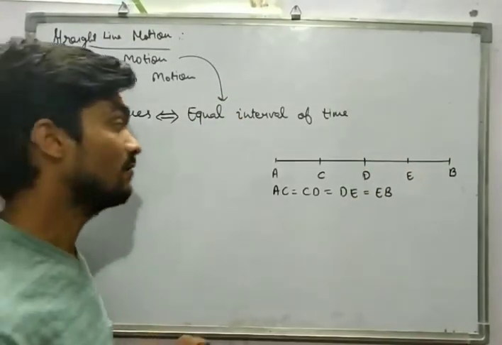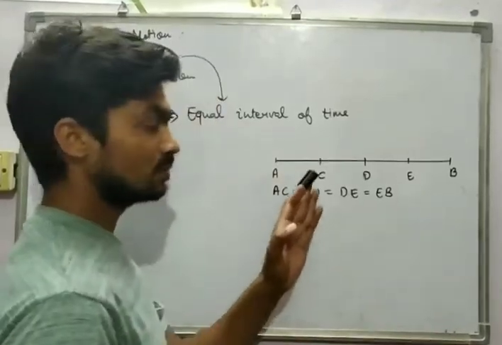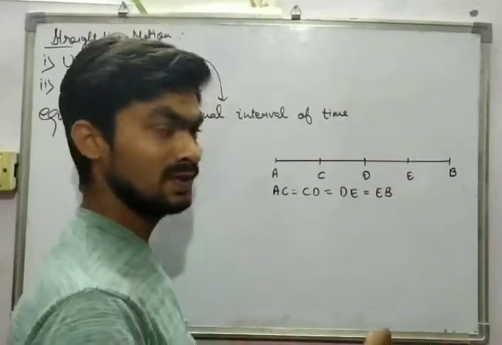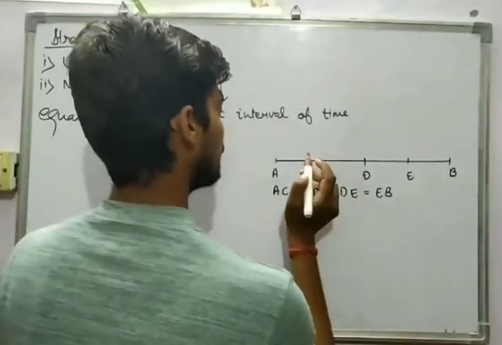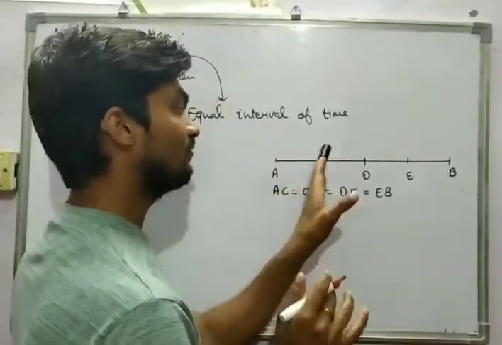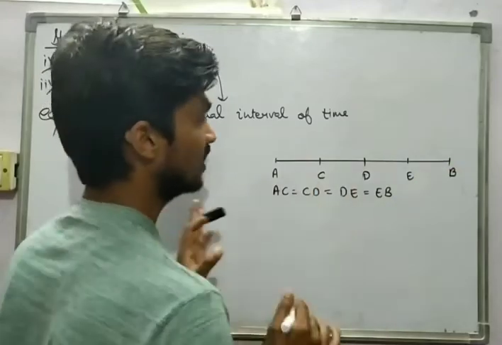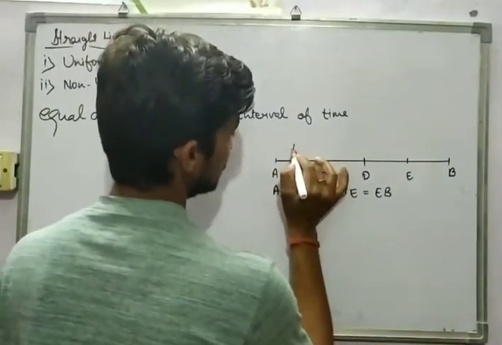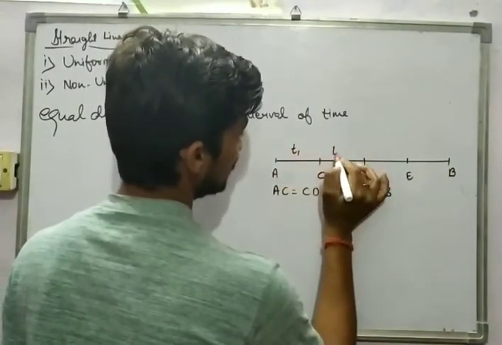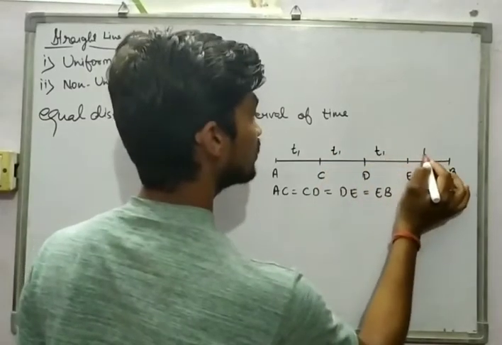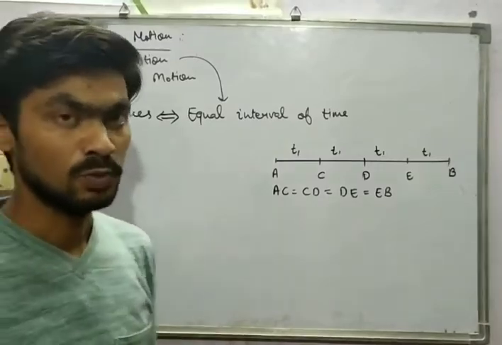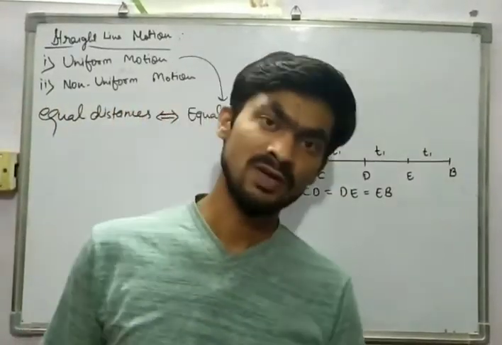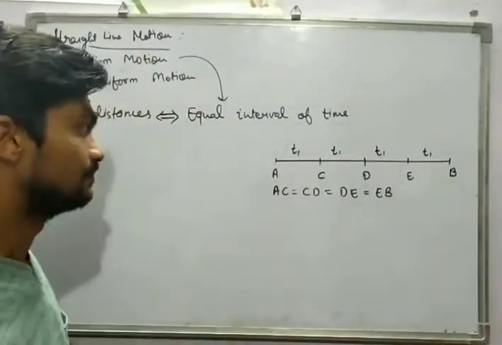Suppose the time taken for every interval of distance is the same, suppose T1 here, T1 here, T1 here, T1 here. This will be the case of uniform motion, which means equal distance is covered in equal intervals of time.